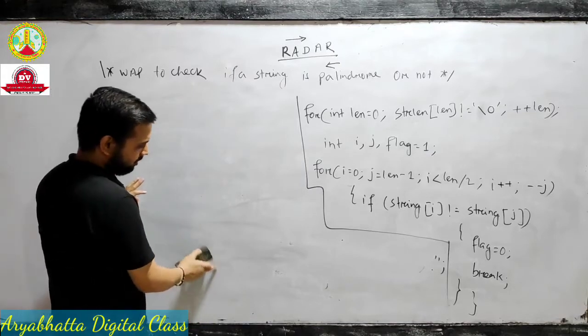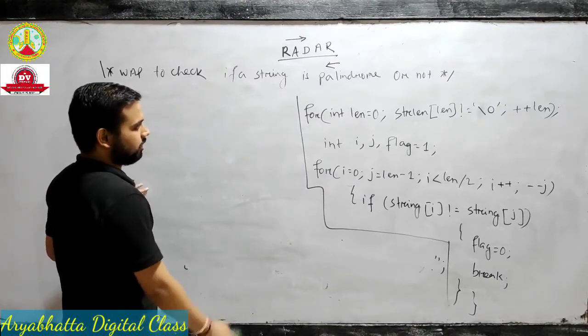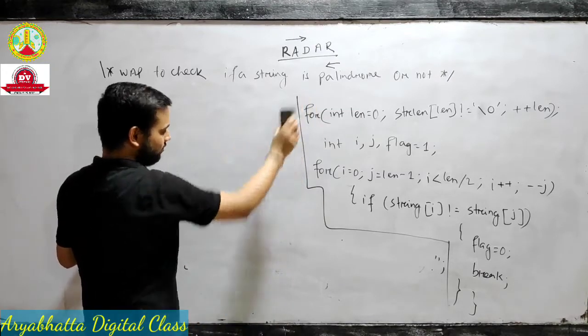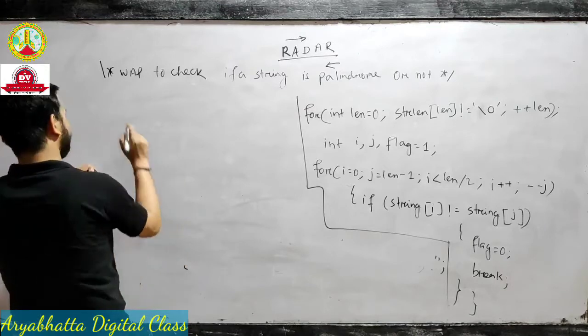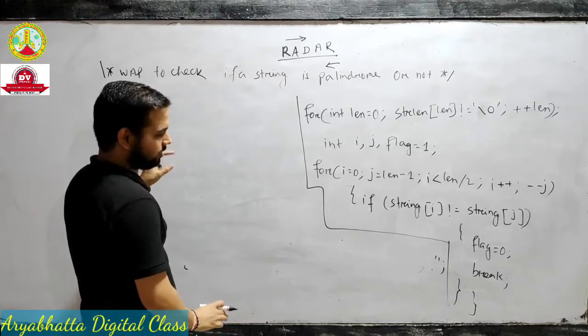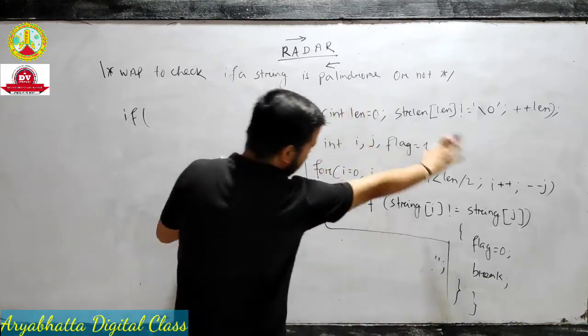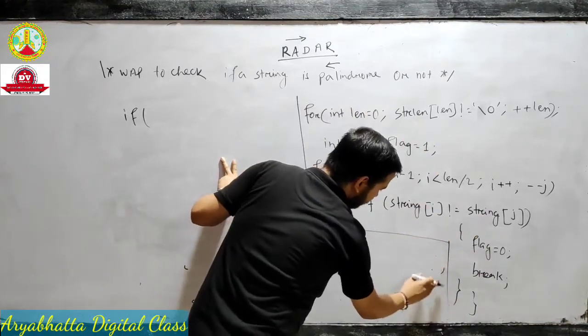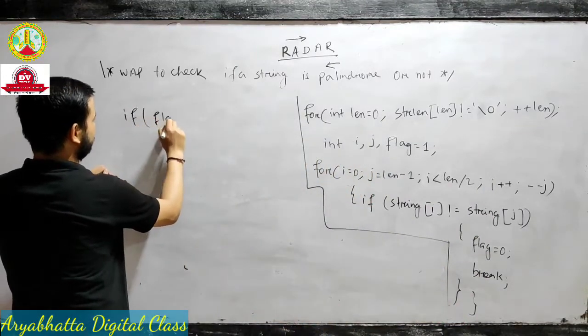You know the header file, input, and this entire string is the input portion with cin.getline. The important part is starting from here. First of all, I complete the program. You just note down the program from the initial input portion, and after this you write this portion.